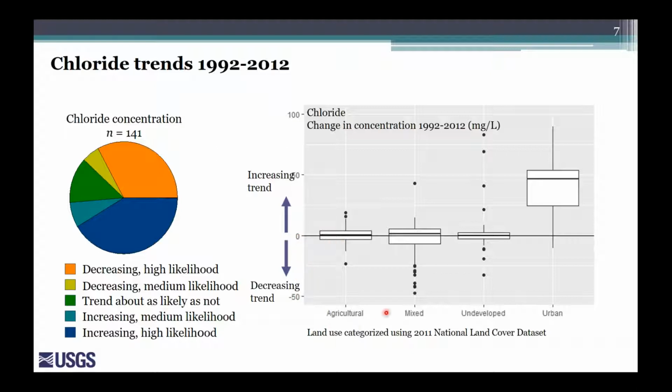In agricultural regions, in mixed areas, in undeveloped areas, we found a mixture of increases and decreases with an overall tendency towards basically no change. The exception is the urban areas, which showed astonishingly high increases in chloride throughout that period of 1992 to 2012, okay?